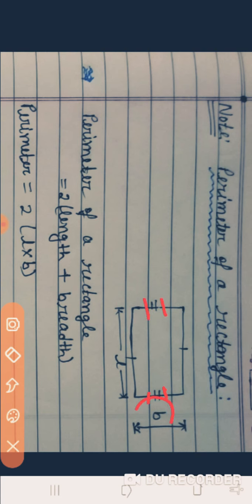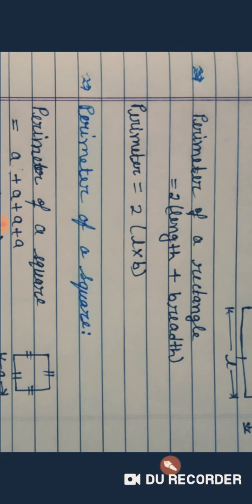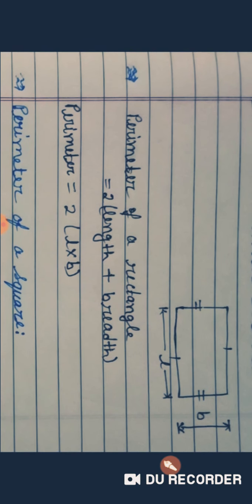So if it is B, then this is also B. If it is L, then this is also L. So the perimeter of the rectangle is 2 times length plus 2 times breadth. It means 2 times (L plus B). This is the formula.